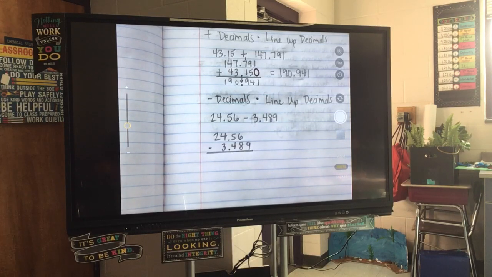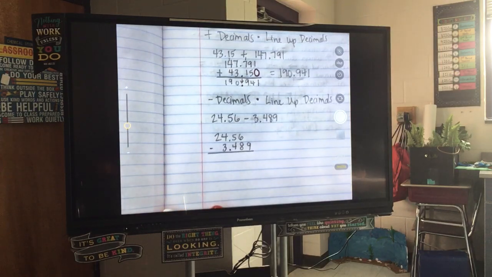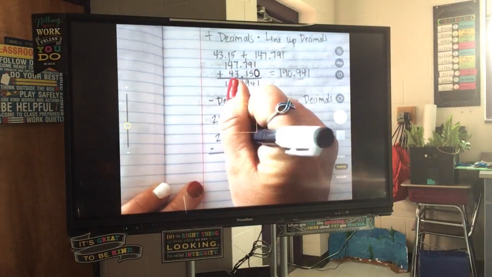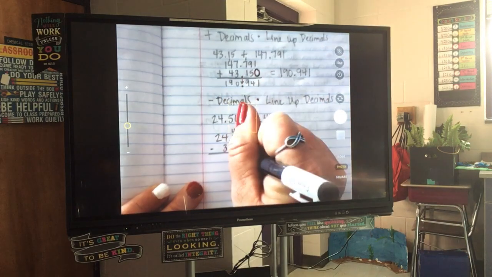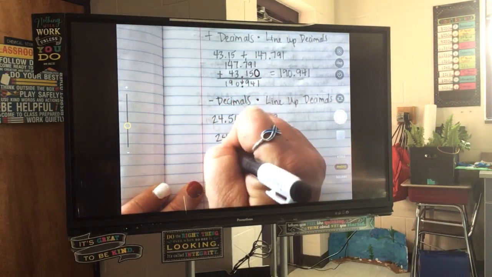All right, what must we put above that 9? This one is not optional. You've got to do this. Indira? The 0. You have to put your placeholder. All right, so I'm going to do my subtraction. Bring my decimal straight down.